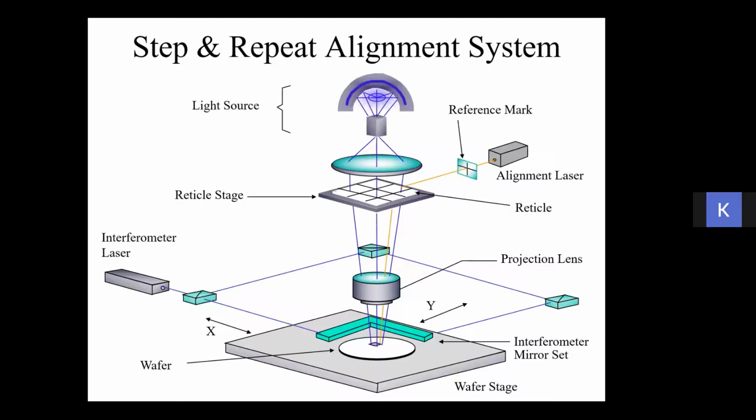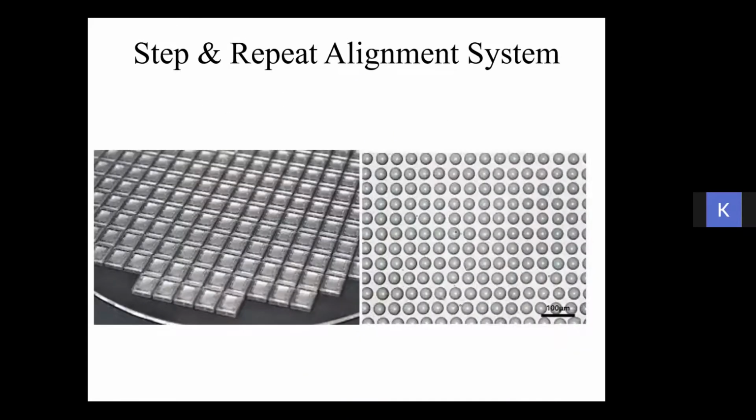Okay, so this is how it looks. You can see all these small designs have been made by the step and repeat process. So one design has been done, then it has been moved to the neighborhood. Again, the same exposure has been done, and you can see hundreds or thousands of the same design replicated on the single wafer.